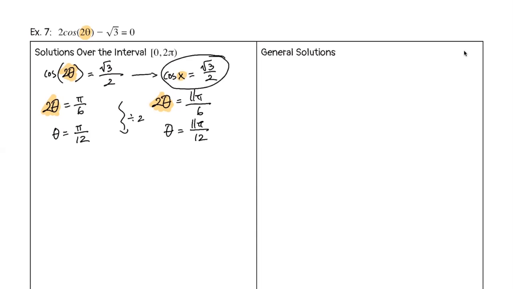But if you stopped there, that would be a bad thing because you didn't get all the solutions from 0 to 2 pi. You got some of them, and we want to make sure we get all of the solutions. So how do we make sure we get all the solutions?